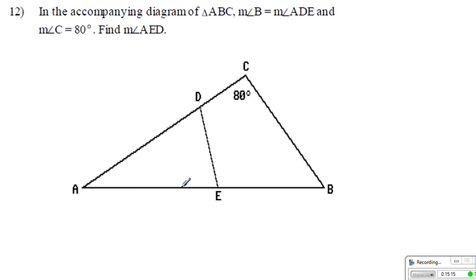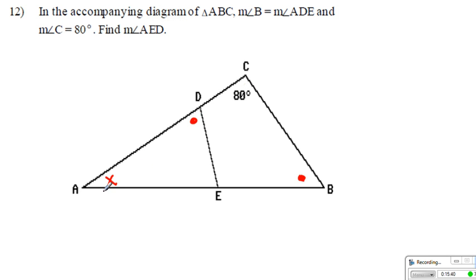Number 12. In this case, we have the small triangle and big triangle. One thing we get to realize is angle B is congruent to angle ADE. These two angles are congruent. Now, angle C is 80, but hey, wait a minute, this angle is common.